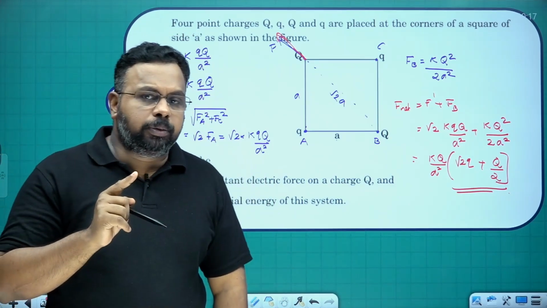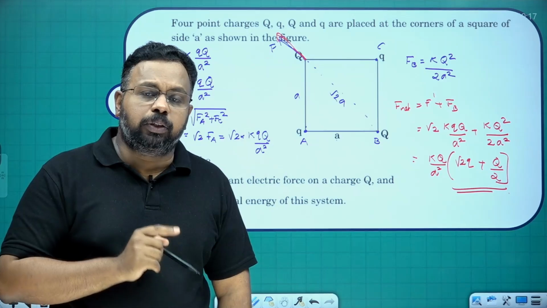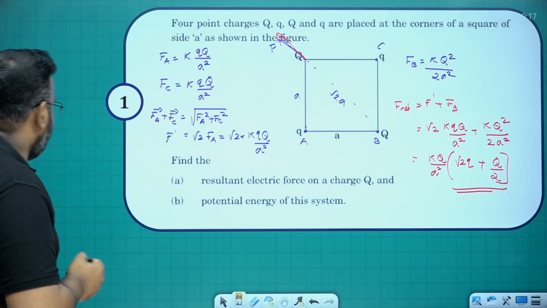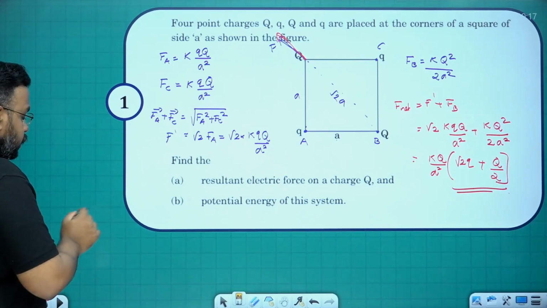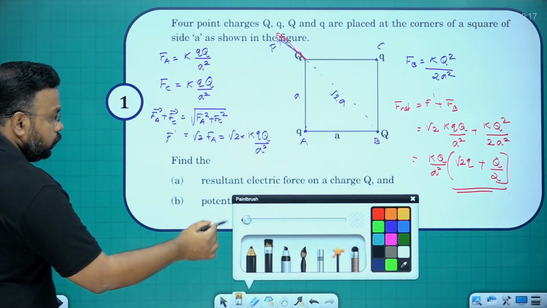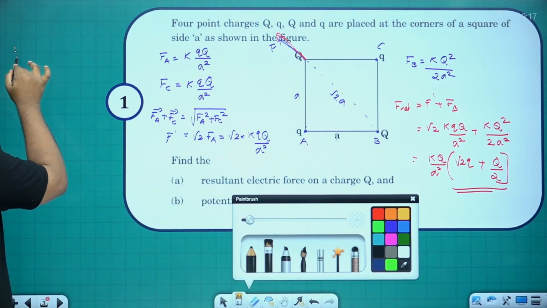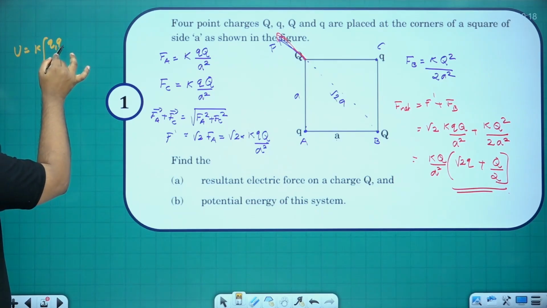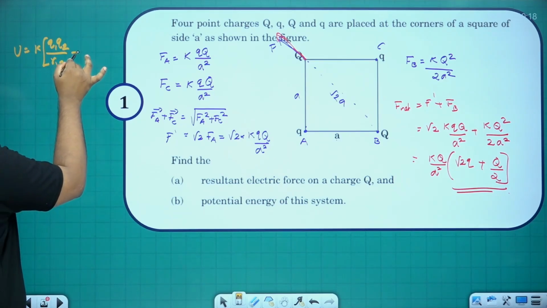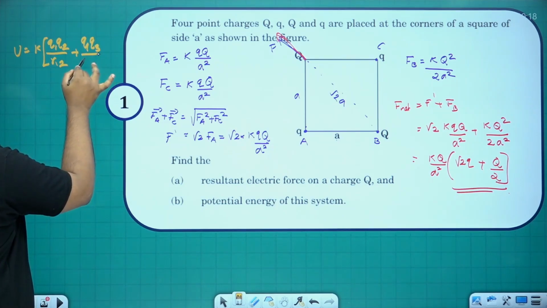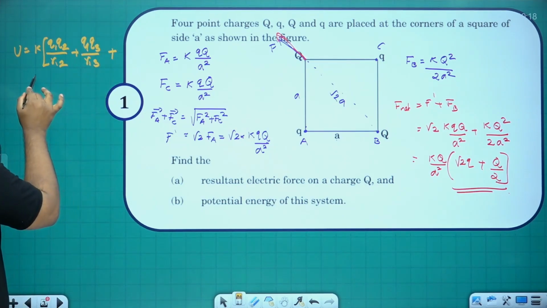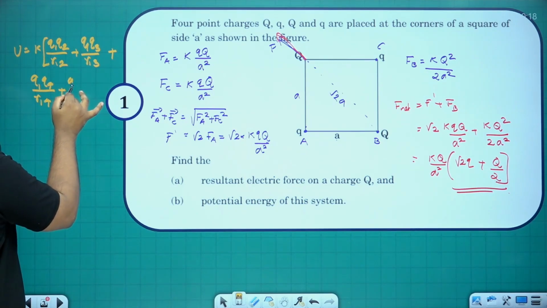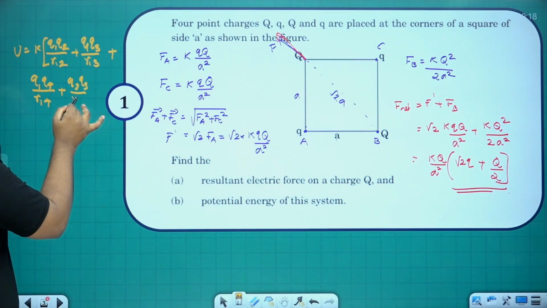For 3 charges: 1 by 4 pi epsilon naught, Q1 Q2 by R12 plus Q1 Q3 by R13 plus Q2 Q3 by R23. In the same way, the potential energy U is equal to, I'm writing it here, 1 by 4 pi epsilon naught, that is K, into Q1 Q2 by R12 plus Q1 Q3 by R13 plus Q1 Q4 by R14, there will be many terms, plus Q2 Q3 by R23.